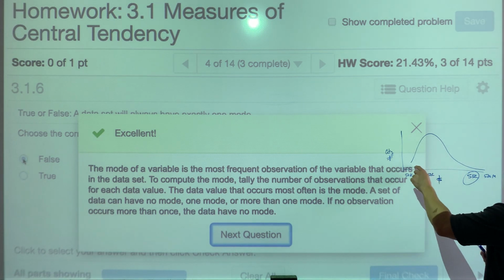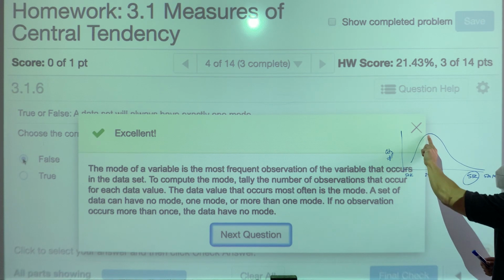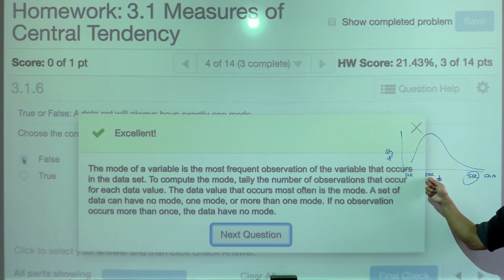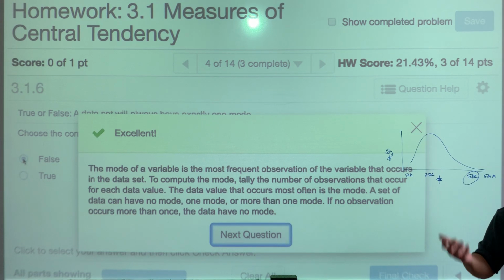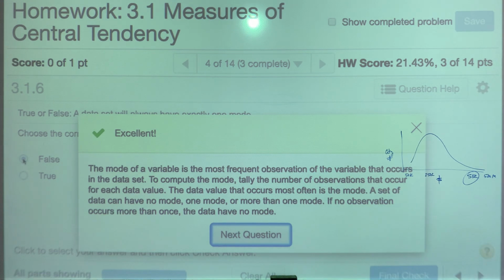Say I have 10 at 240, 10 at 250, then I have a tie for the most frequently occurring element. 10 250s and 10 240s. We see them happen 10 times each. There's a tie for the most frequently occurring housing price. Okay, we'll see more of that as we go along.